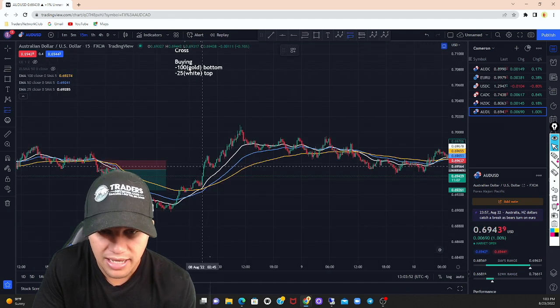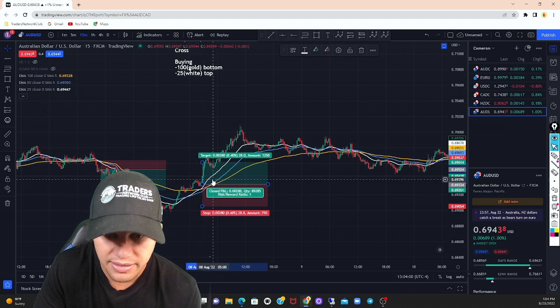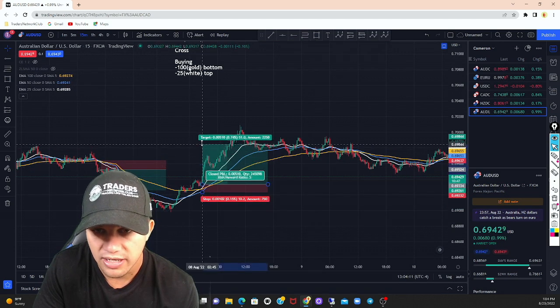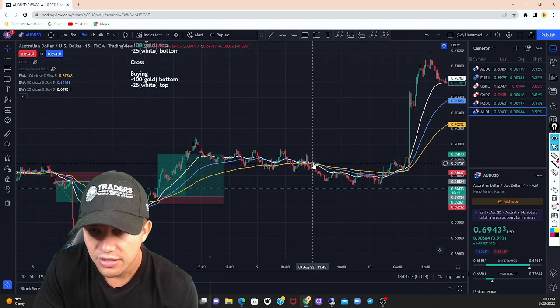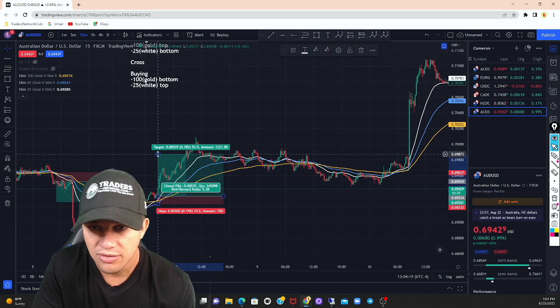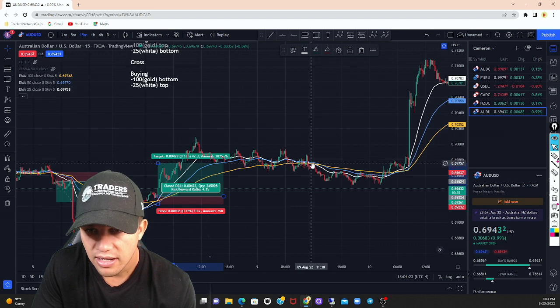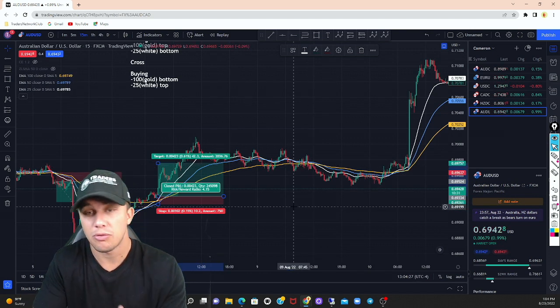We put a long position right when the 25 EMA crossed the 100 EMA, with a 10 pip stop loss, and we target. Our exit strategy is looking for the EMAs to cross again, which you can see the 100 and 25 EMA cross right in the zone, which would have given us about a 4 to 1 risk to reward ratio.